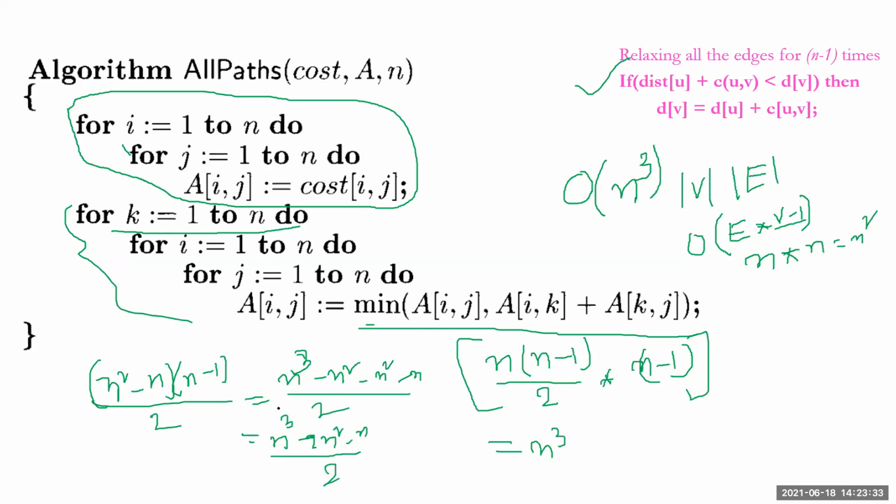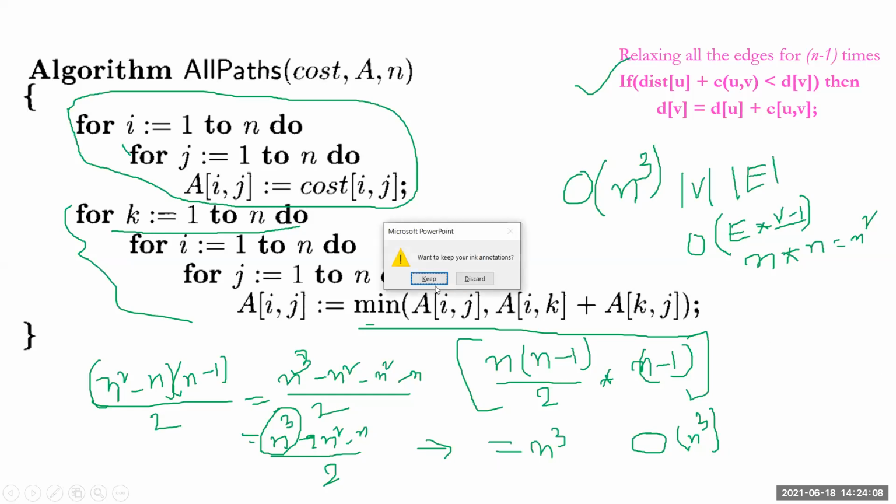So the higher order term will be n cube here, which leads to this complexity. Therefore, big O of n cube is the complexity of this all pair shortest path algorithm using the Bellman-Ford algorithm, which follows the dynamic programming method. This is the Bellman-Ford algorithm.